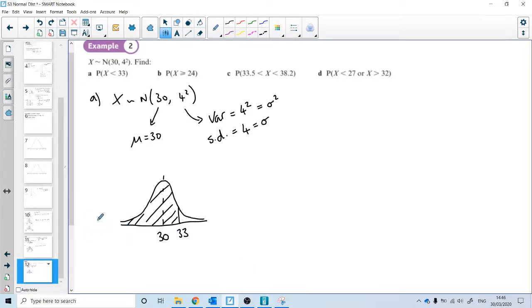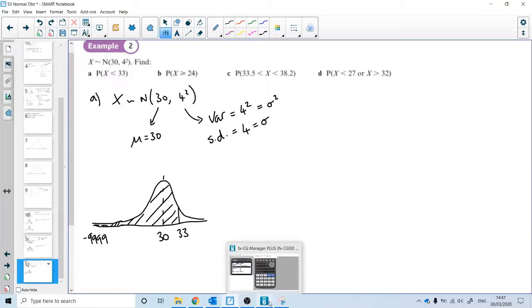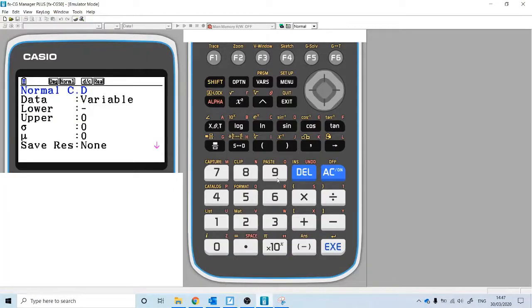So we need to just put in a really, really small number because this curve is going to continue, and let's choose something like minus 999. I think that'll be small enough because this curve gets closer and closer to the x-axis, and so these probabilities are going to be really, really small down here. That area is going to be negligible. So let's put that as our lower, minus 999.